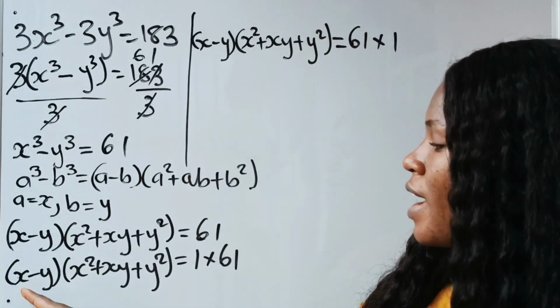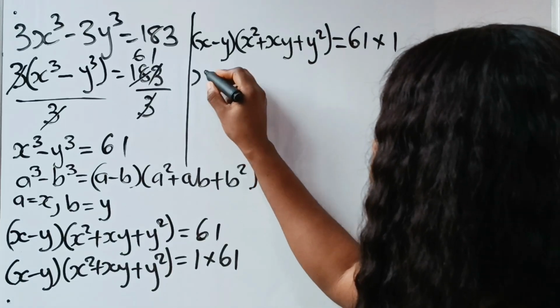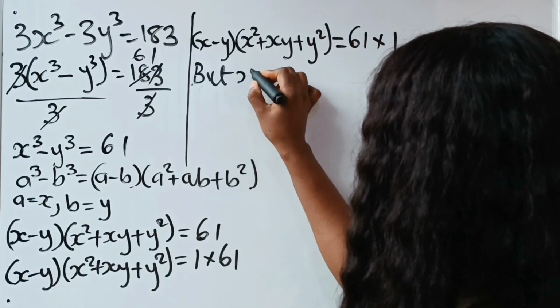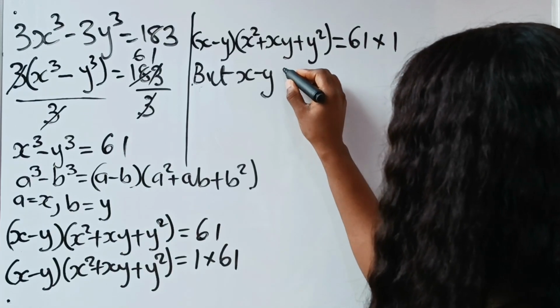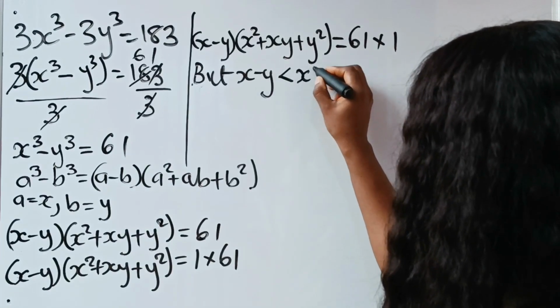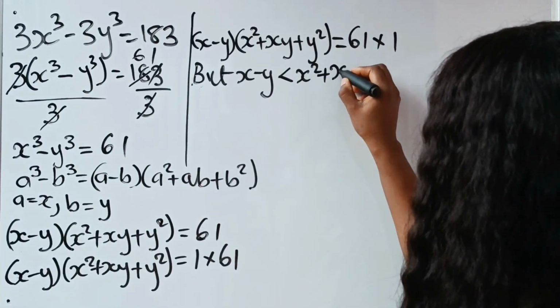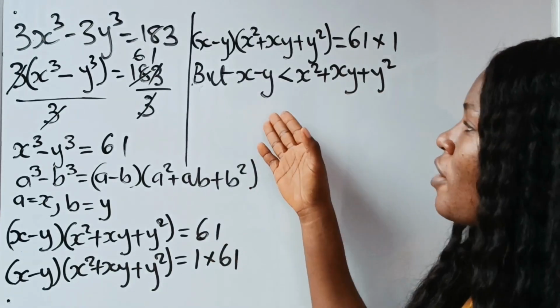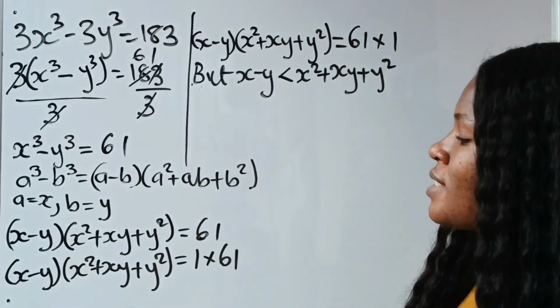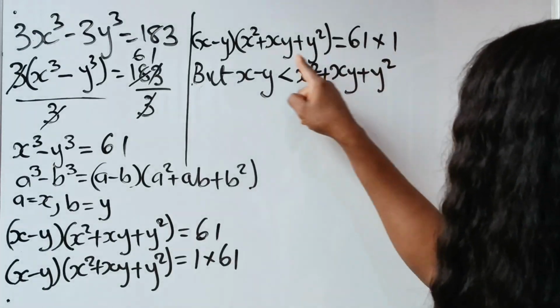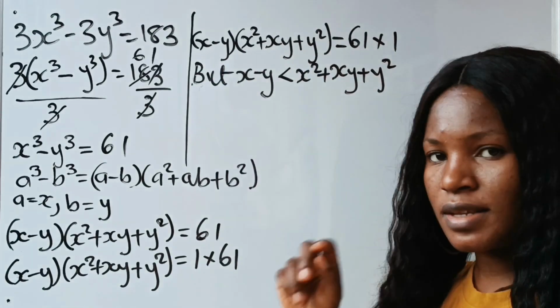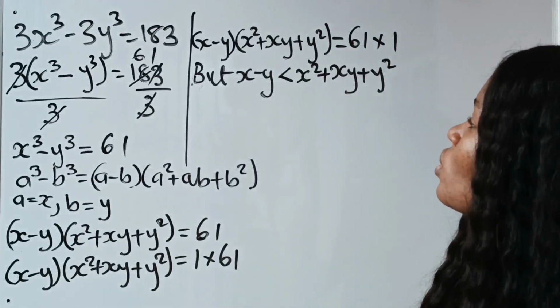Now I want us to check. Logically, we can see that x minus y is less than x squared plus xy plus y squared. If that is true, that simply means that we cannot make use of this second statement, but we can only make use of this first equation.